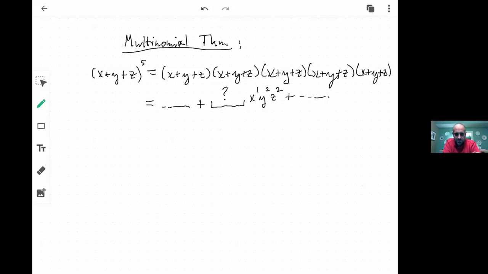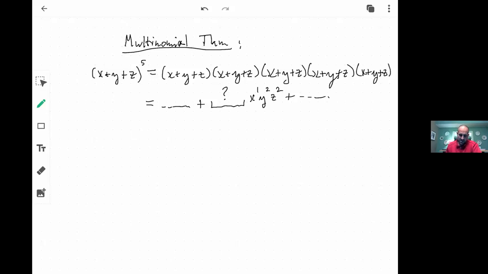Okay, well, let's think about this. What that means is when I was multiplying this out, and you know that when you multiply out these 5 factors that are sitting here, each term is going to be gotten at by taking something from each one of these factors and multiplying those together. And all told, you have 3 choices for the first factor, 3 for the second, 3 for the third, 3 for the fourth, 3 for the fifth.